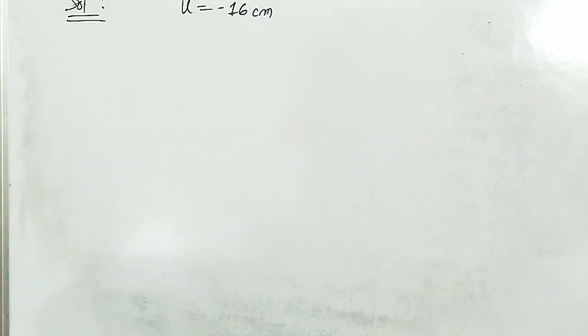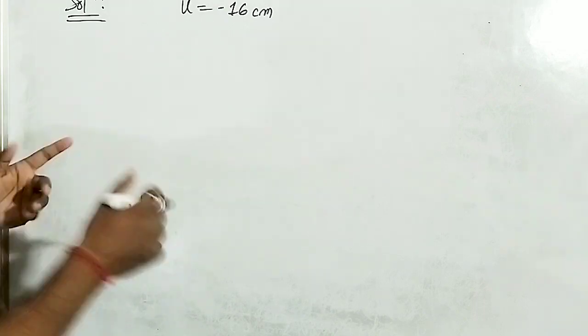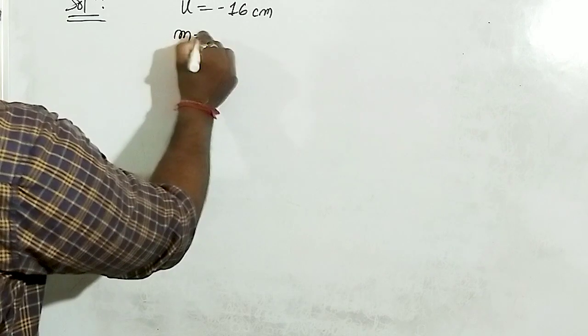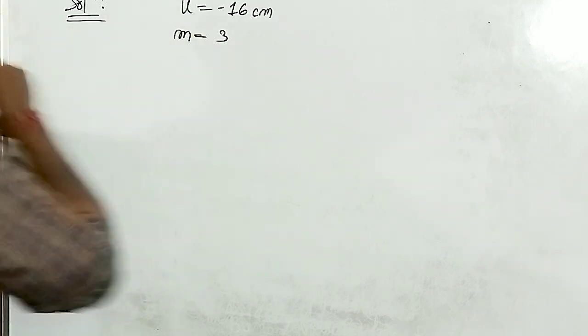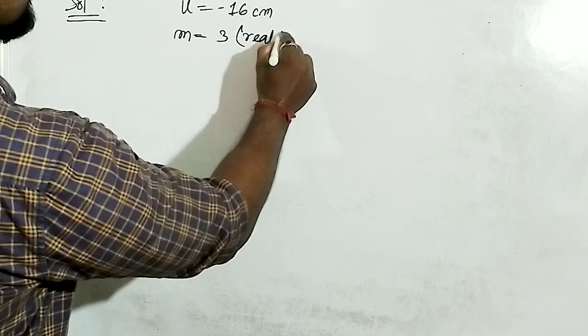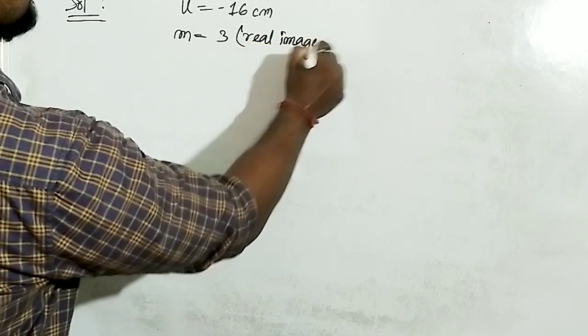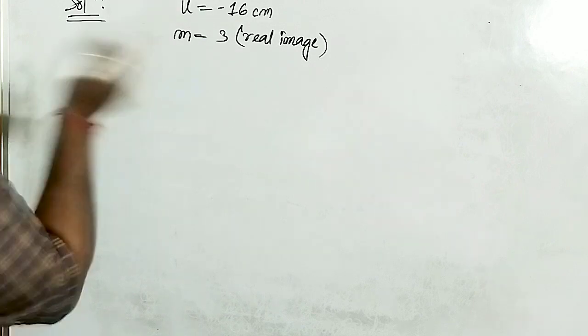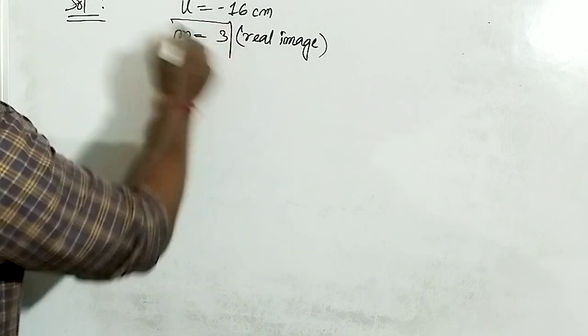Now what else is given? The image is magnified 3 times, so m will be 3, for a real image. Since it is a real image, what is missing in this magnification?